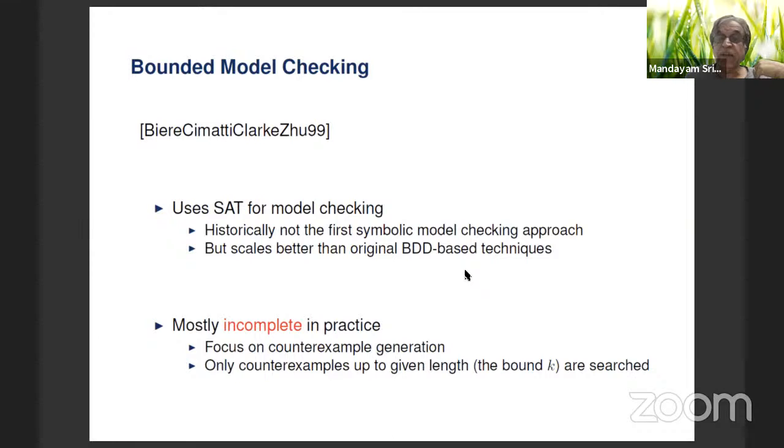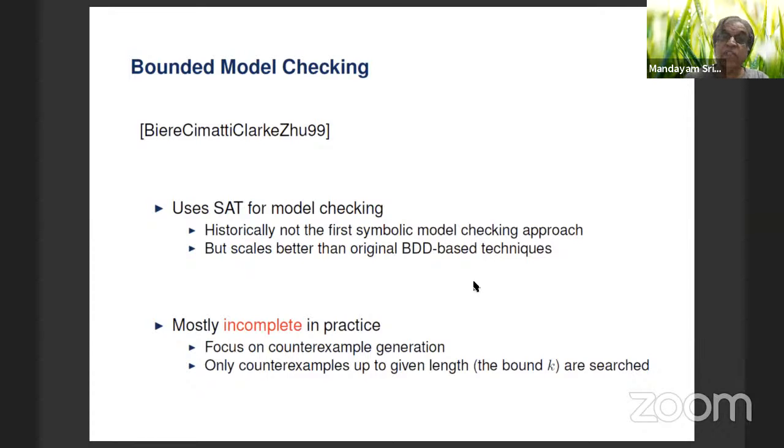That was when all these operations and tools to manipulate BDDs were invented, in the mid to late 70s. Then model checking itself came in the early 1980s, 1985, and then there was BDD-based symbolic model checking, which was the state of the art at that time.